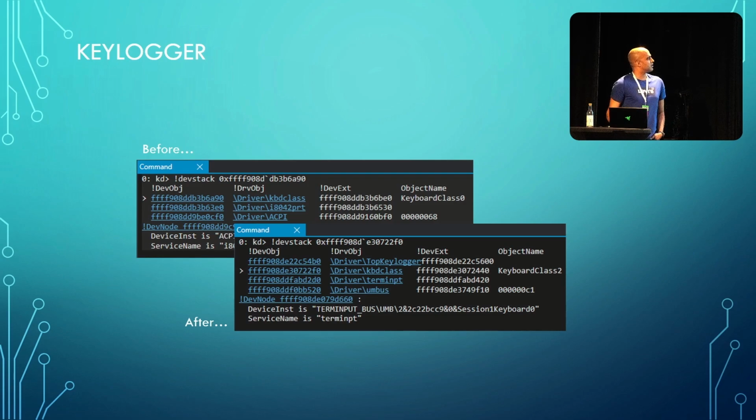And you can study the differences in the device stack. Before, you had only 3 nodes in the device stack, whereas now you have 4 because the top one is the keylogger that I just attached. So now I'm in a position to intercept all the input-output request packets.